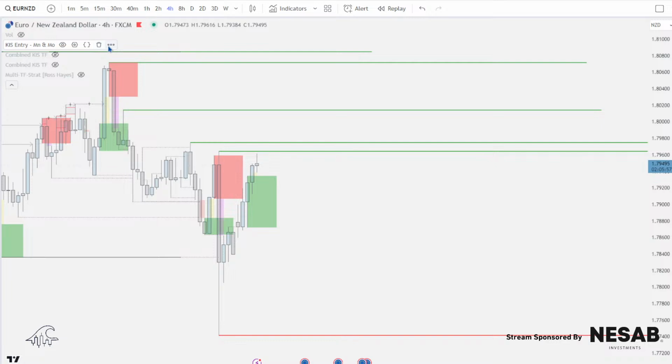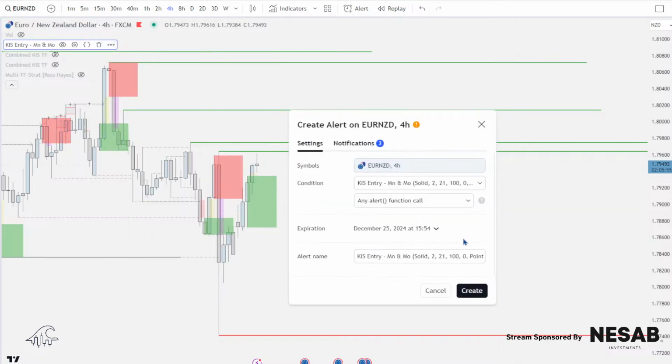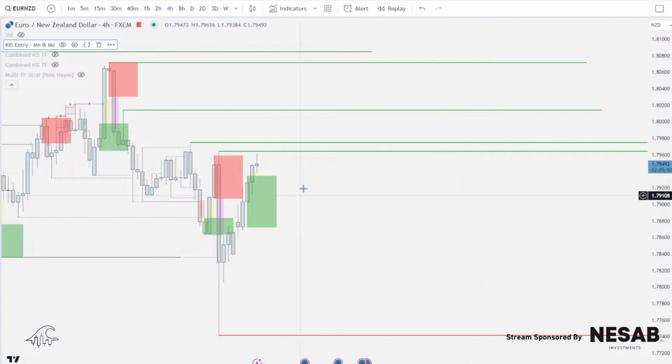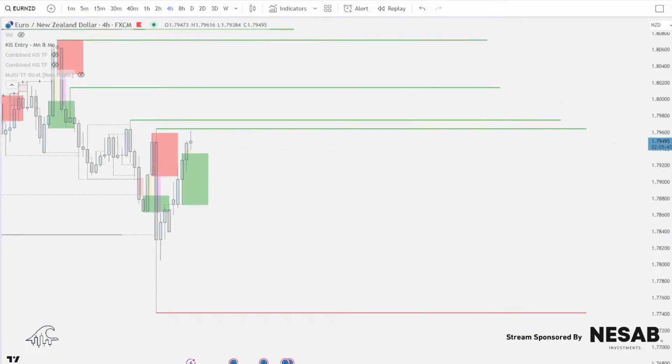And all we're doing here is setting an alert for any function, and it will tell us when that alert goes off. It will say high being ran or low being ran, so we'll know if that gets swept out.